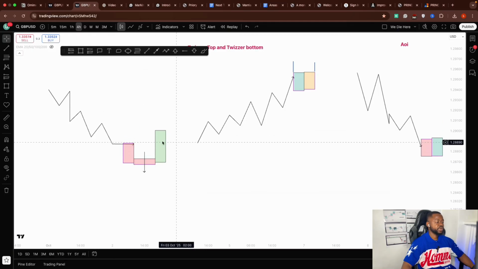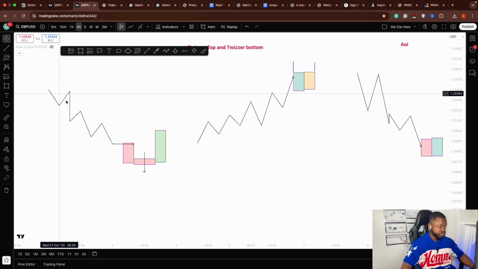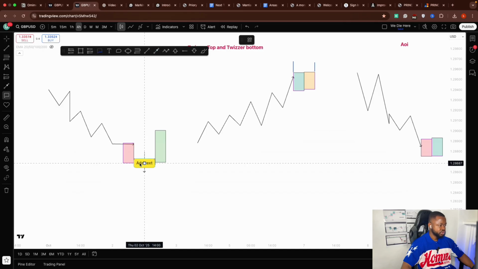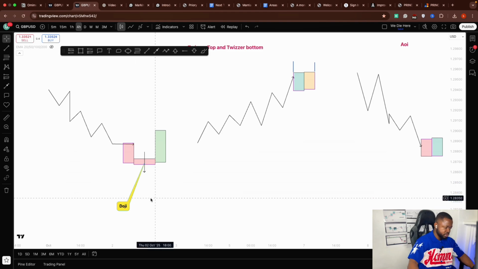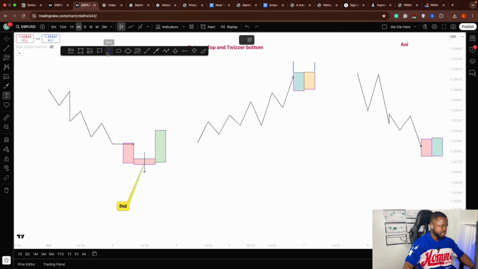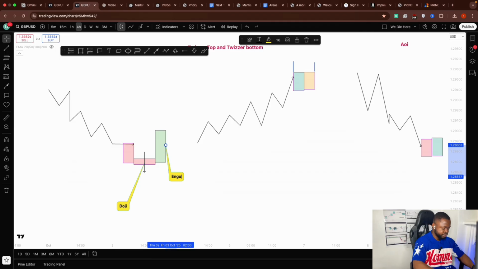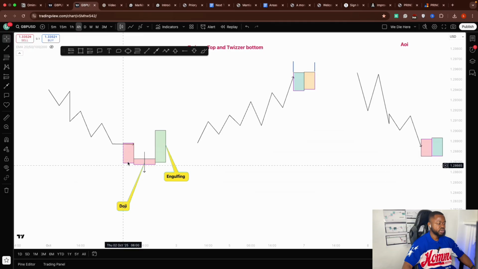So this is the typical morning star formation. See, we have a trend coming down, and boom, a normal candlestick, a doji. Let me highlight them so you know this is a doji. We have this, we have the doji, then we have the engulfing candle with it. We have the engulfing candle, and this is just a normal candle.